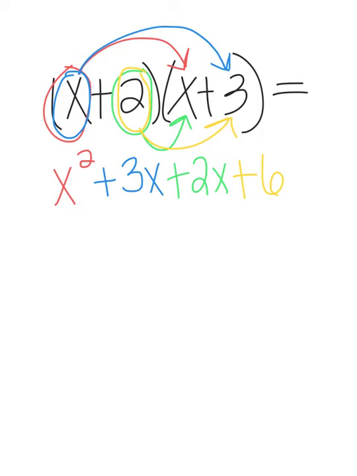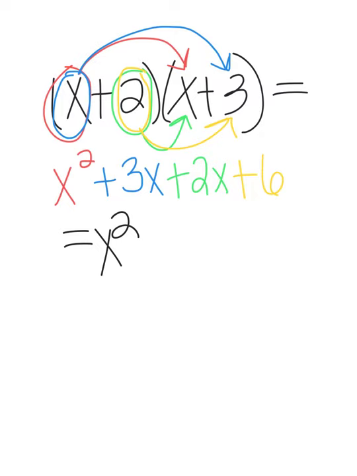So you can tell that each term in the first parenthesis has been multiplied by each term in the second parenthesis. Now we need to combine our like terms and simplify this polynomial expression. So I would have x squared, then 3x plus 2x.